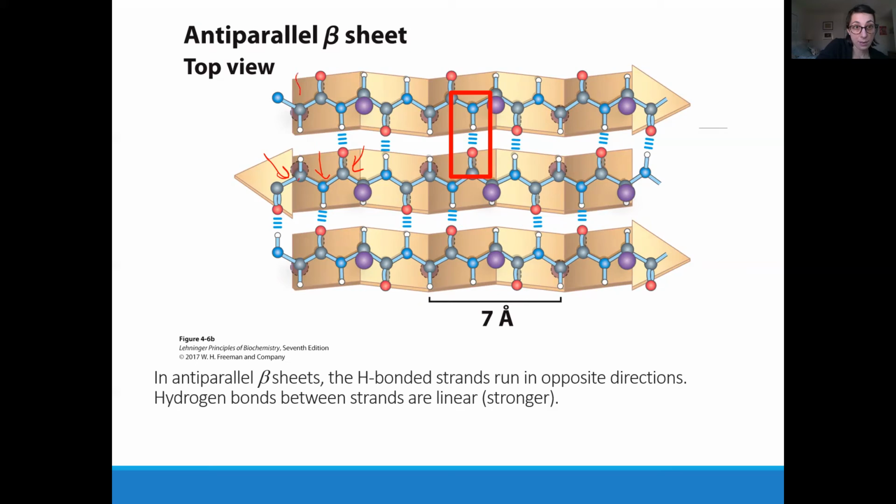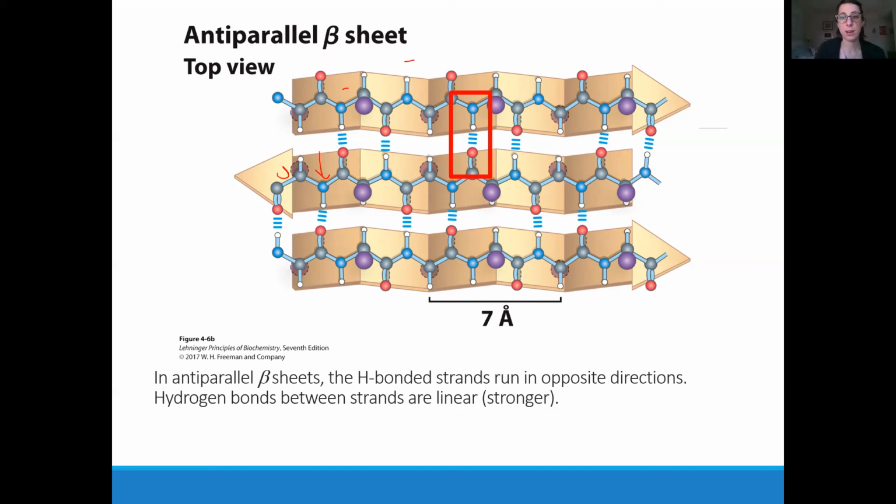And here we have alpha carbon, carbonyl, amide. So a different order. This is carbonyl, amide, carbonyl, amide. This is amide, carbonyl, amide, carbonyl, etc. So just highlighting that they are in the opposite position, opposite to each other.